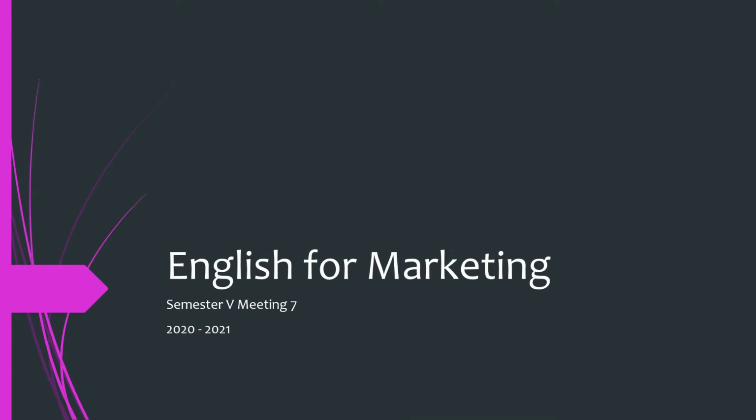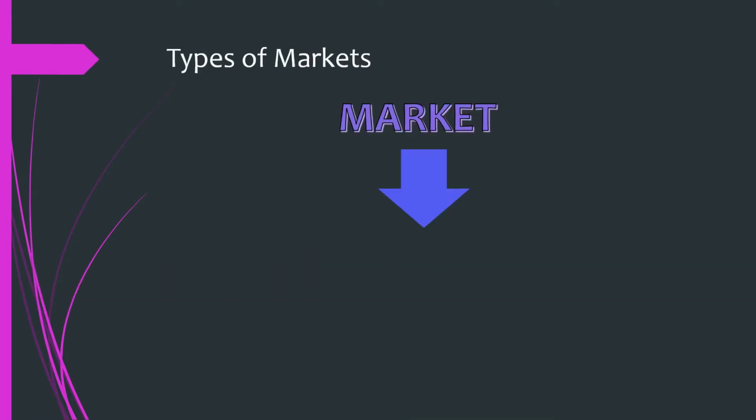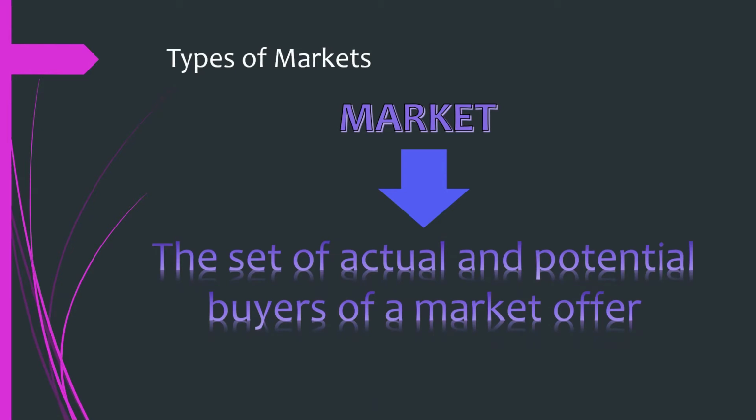So today we are going to learn about types of market, but before that, let's talk about market first. I hope you still remember the definition of the market. The definition of market is the set of actual and potential buyers of a market offer. I know I have told you before that the definition of the market is the place where buyers go somewhere and do the transaction, and that's called market.